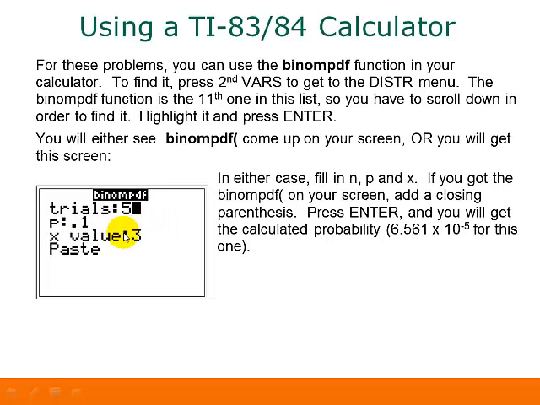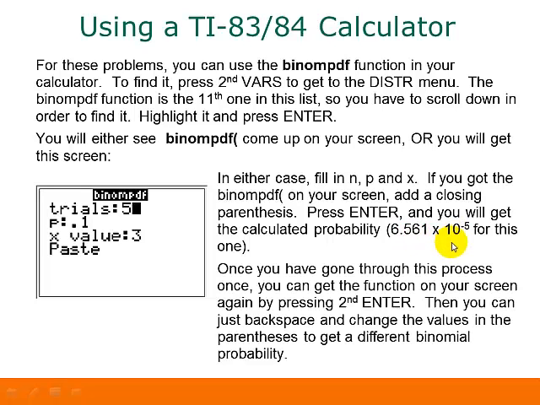If you put in these values, you should get this answer, 6.561 times 10 to the negative fifth. Now, once you've gone through this process once, you can get the function on your screen again by pressing second and enter. Then you can just backspace and change the values in the parentheses to get a different binomial probability. So that's kind of a shortcut that you can use.